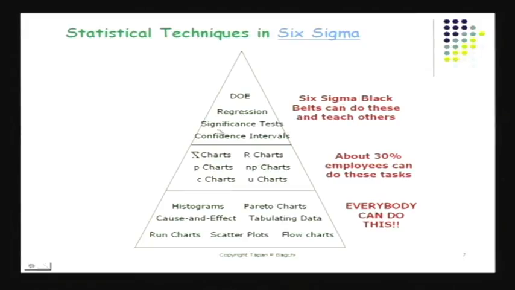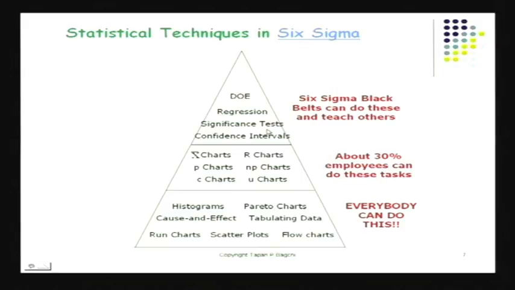Then of course we've got these techniques, and these are the most advanced statistical techniques. These are part and parcel of Six Sigma black belt training. And the black belt people can teach this to others also. What are the techniques involved here? We already heard about DOE. We also heard about regression models. There are certain other things called significance tests and confidence intervals. These are advanced techniques which are all used if you are trying to optimize the process.